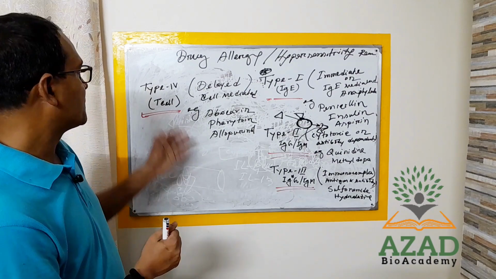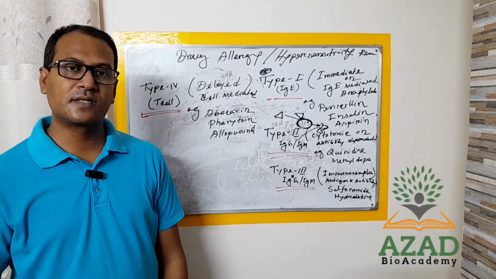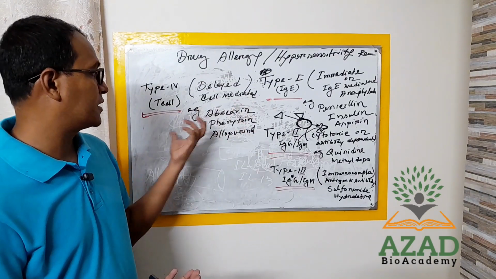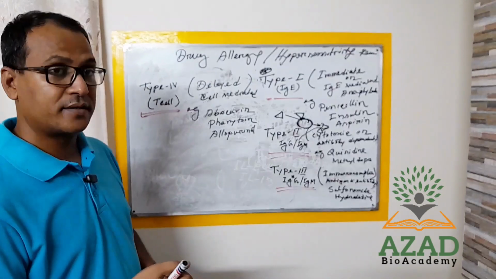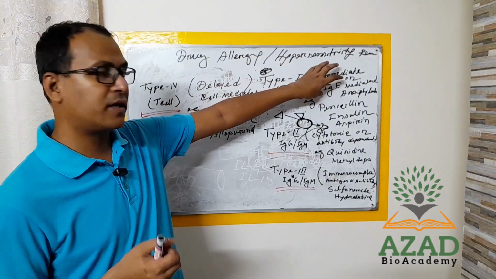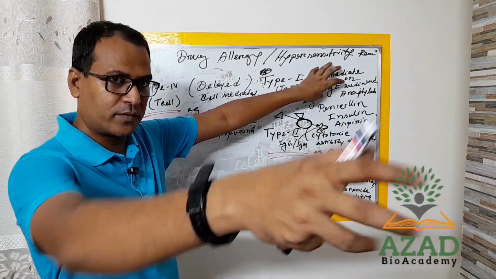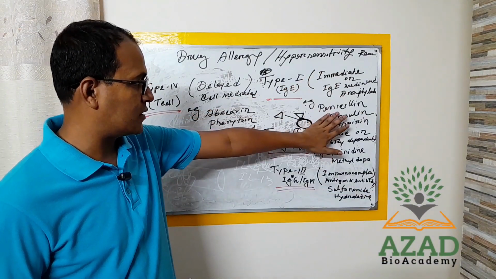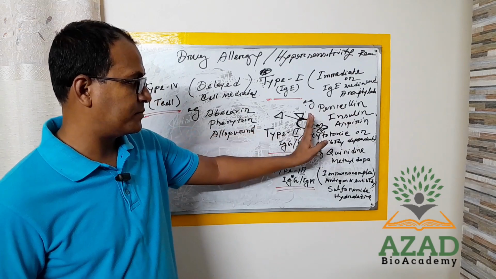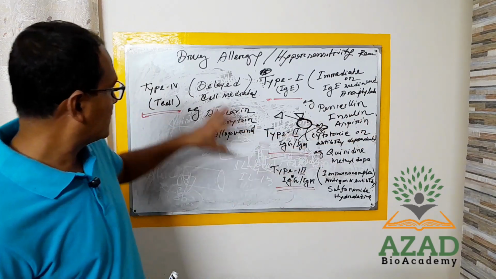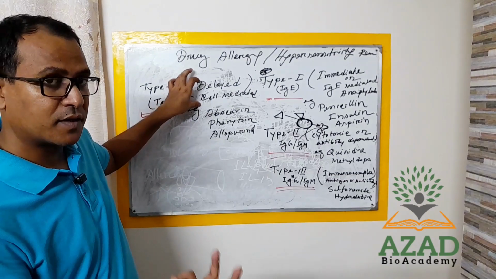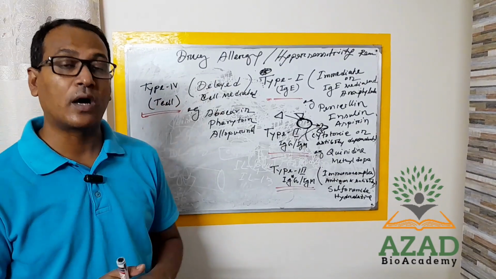So this is the delayed hypersensitivity reaction, cell mediated or T cell mediated. But the question is why it is called delayed? The immediate one is a few minutes to a few hours to a few days, and this is basically 3 days or 7 days, but it happens after exposure in only 72 hours.